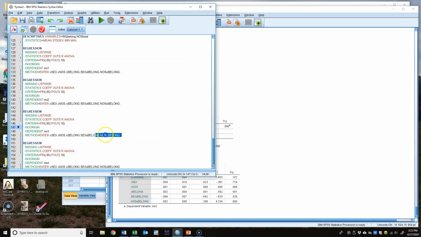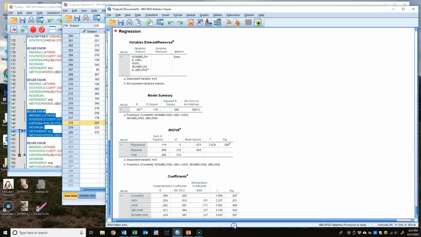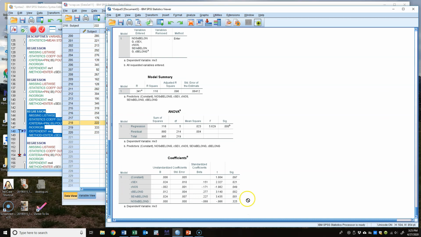Same thing, take a look at my third variable. This is going to be 222, registering as a high leverage value due to the combination of sex, NOS, belongingness, and sex by belongingness.